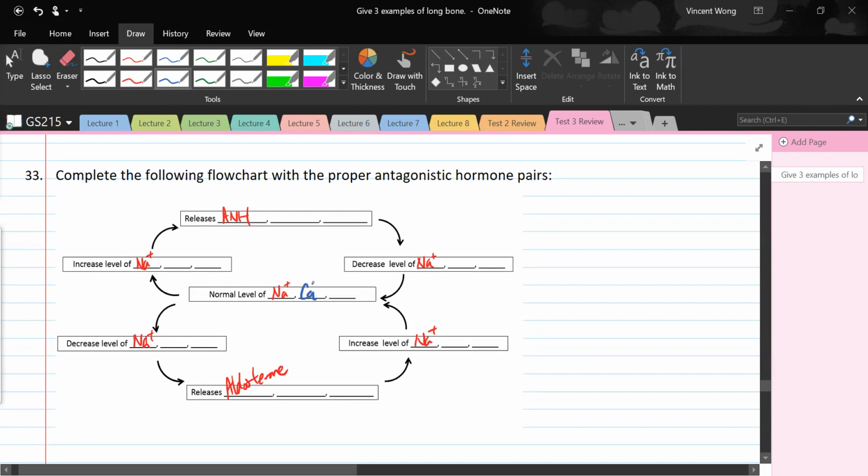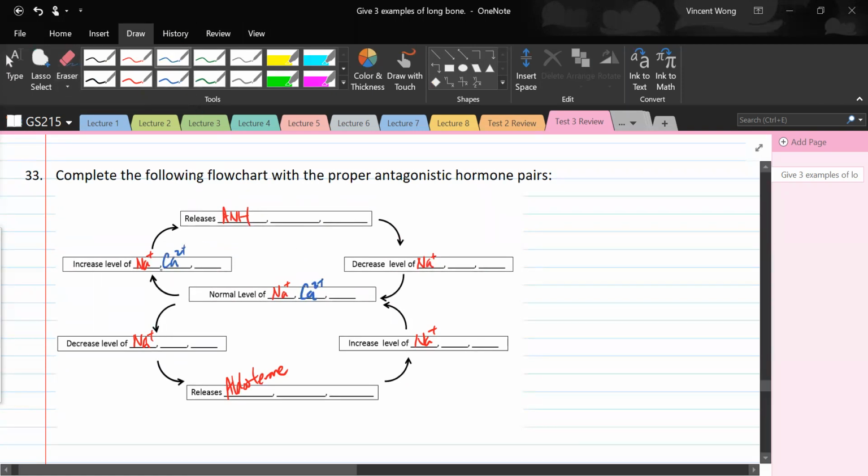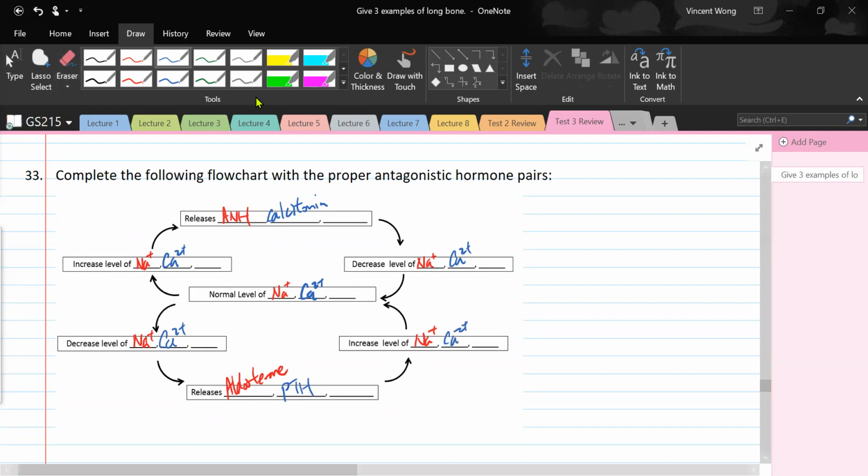The other one is calcium. If you increase calcium, the thyroid is going to release calcitonin, which will bring the calcium level back down. If you decrease calcium, you will need PTH to bring the calcium back up.